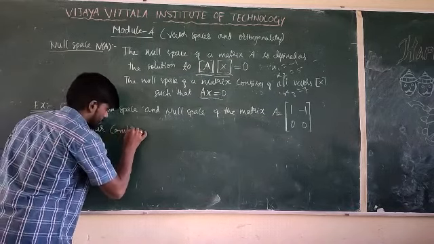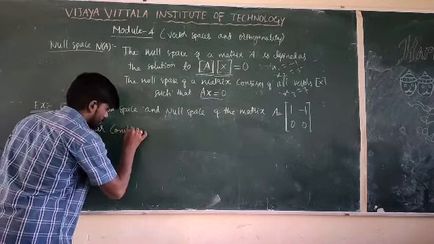This is also written in terms of span: these two column vectors span the column space.